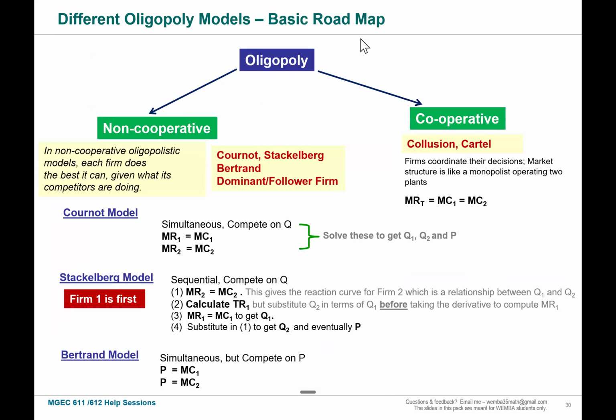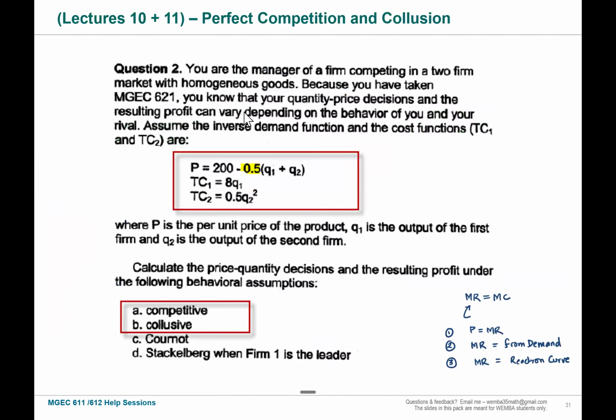We have now done Cournot, Stackelberg, Bertrand, and collusion cartel. What we haven't done is dominant follower. That's the last topic. But before we go there, in lecture notes 10 and 11 in the additional problem sets, you have a very simple problem which says: if this is the total demand and there are two firms with this kind of cost structure, what is the price and quantity under different market conditions, when it's competitive, collusion, Cournot, or Stackelberg?